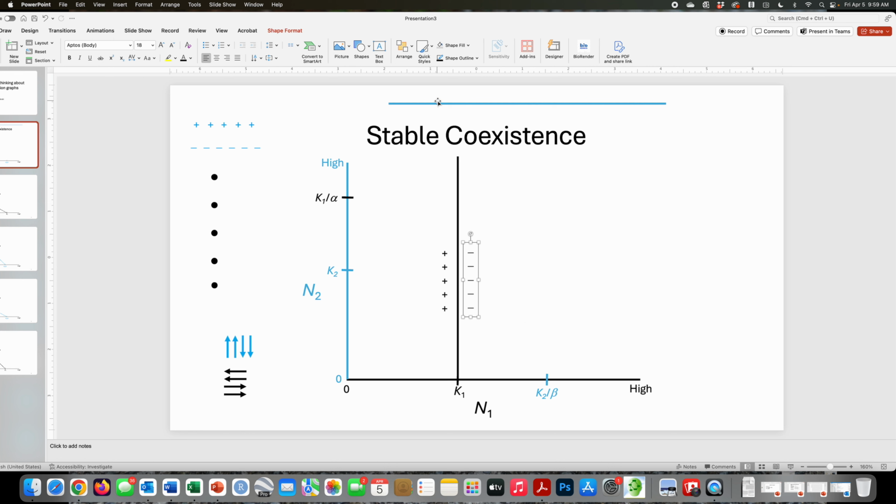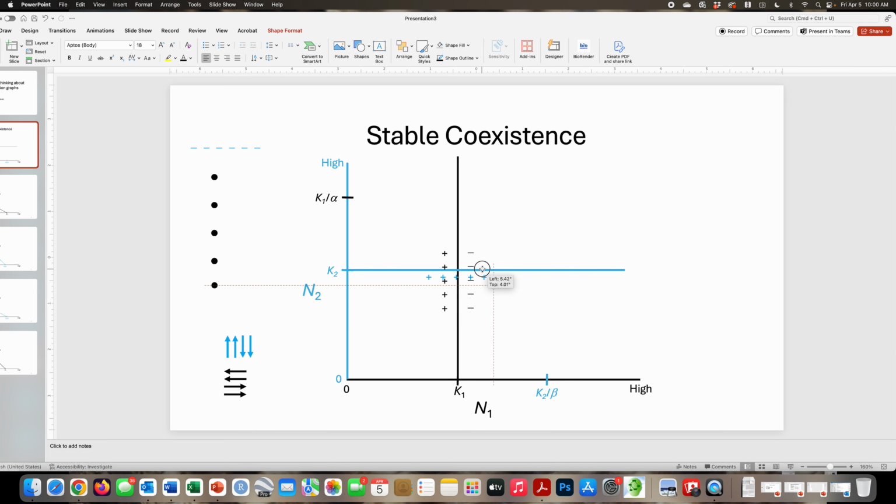And in a similar way, we would look at species 2 and say, well, what would species 2's carrying capacity be if species 1 weren't around? And it would be right here. And if species 2 is between 0 and carrying capacity, it is experiencing positive growth. And if it is above carrying capacity, then it is experiencing negative growth.